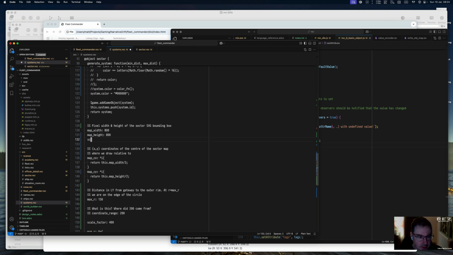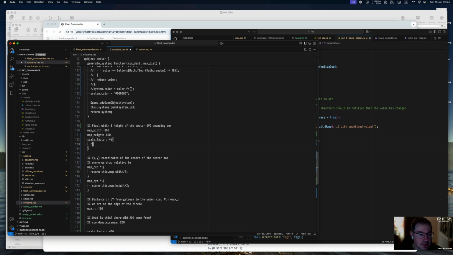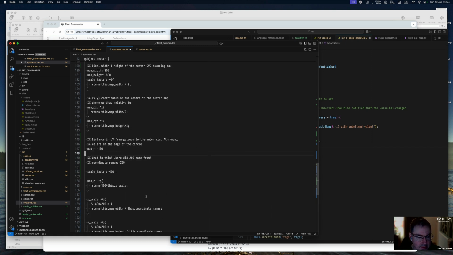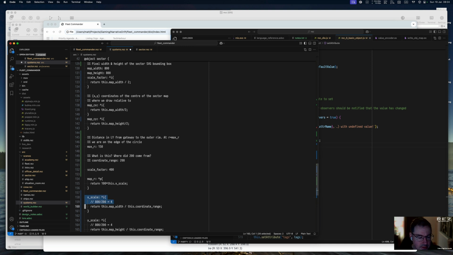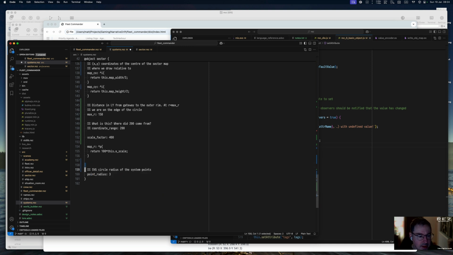We could actually calculate this scale factor. We could do this as return this dot map width divided by 2. I think that's how we ended up with this, this stuff down here. But we can now eliminate that. We don't need that anymore.